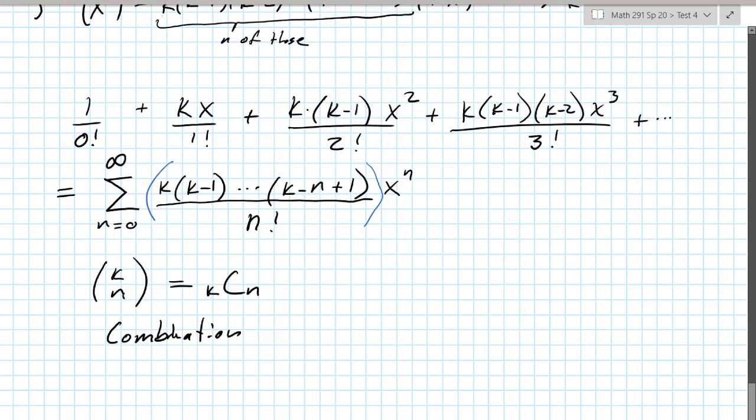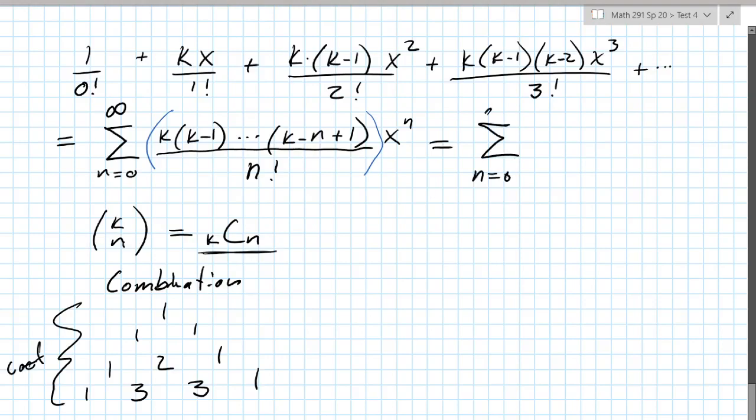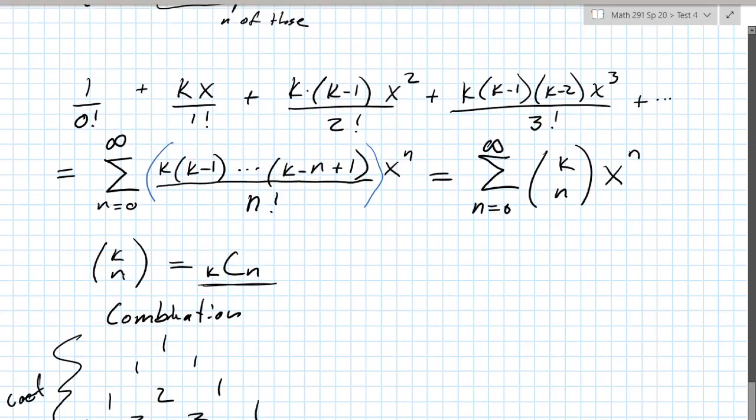But you will also notice if k is a positive integer, these are also the coefficients of the Pascal's triangle. Right? These are the binomial coefficients. So we write this sum as the sum from 0 to infinity of k choose n times x to the nth power. And this is called the binomial series. And that's our expansion of it.